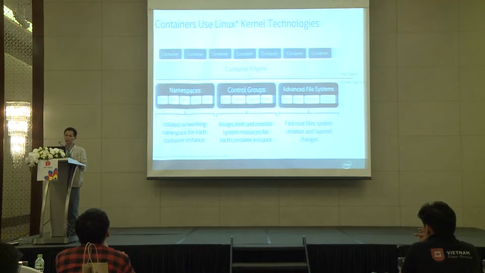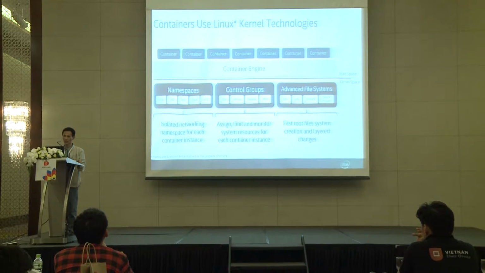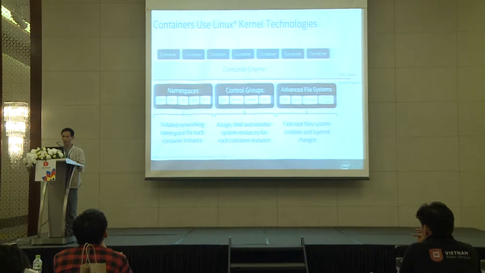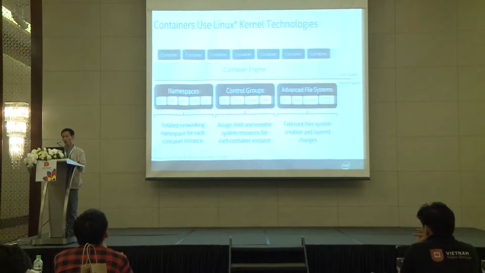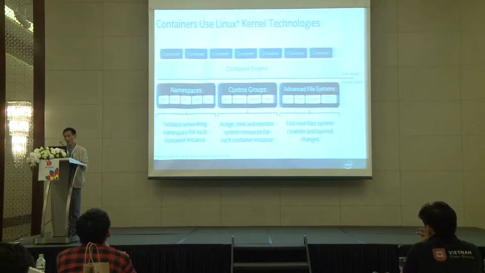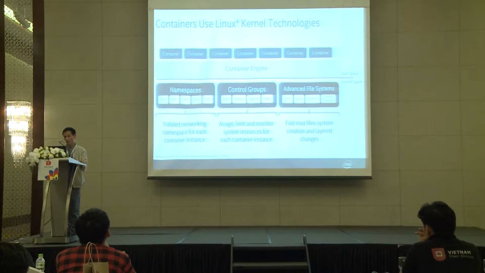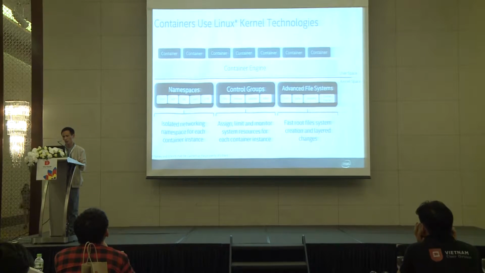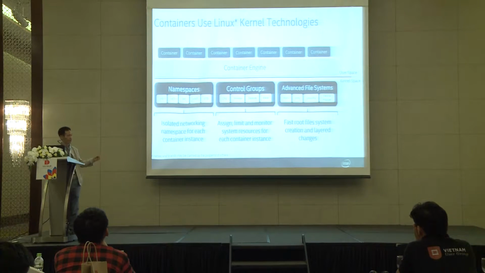So let's look at the container technology. Basically, we talk about the Linux container. We know there are other container technologies, like on Microsoft, right? So Linux containers use three kernel technologies. One is the namespace.